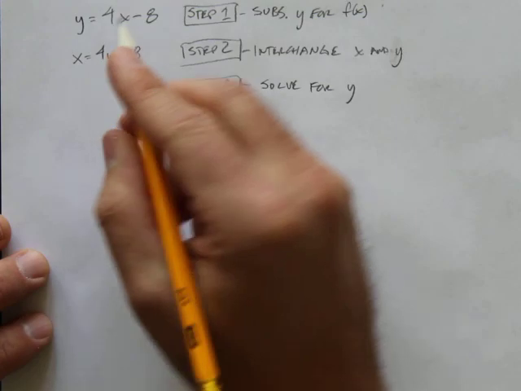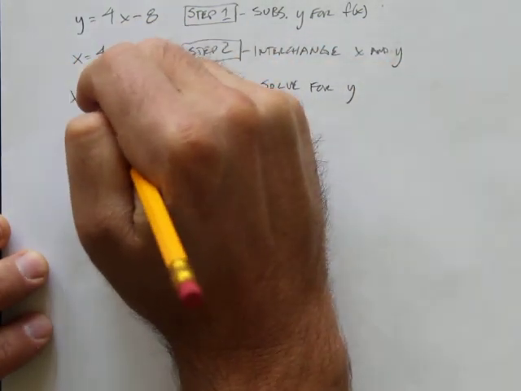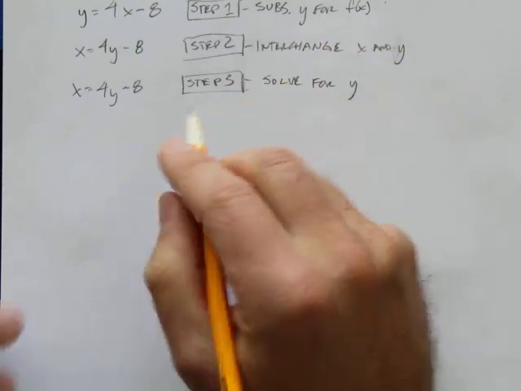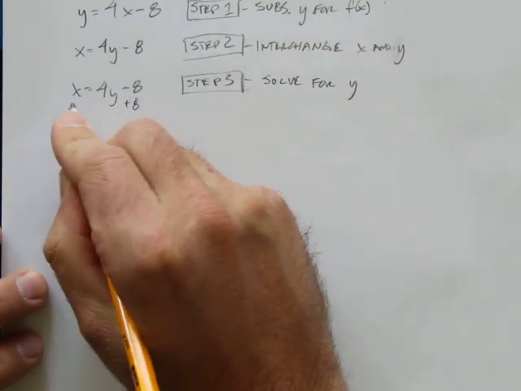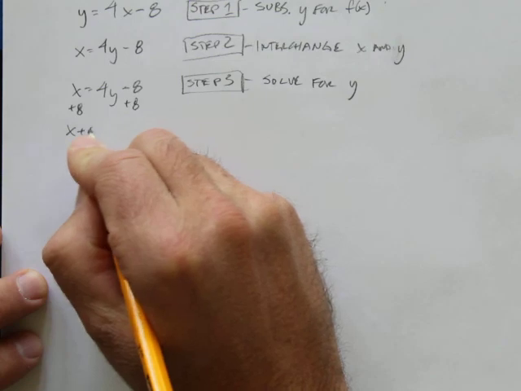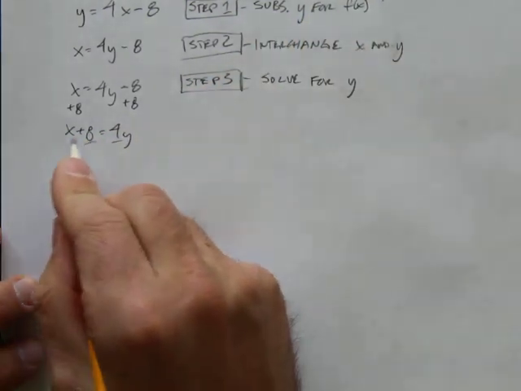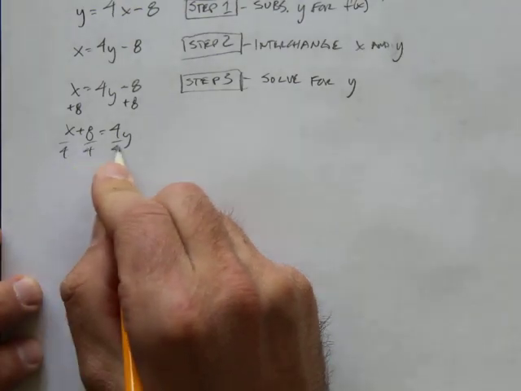So I've got x equals 4y minus 8. What I'm going to do is add 8 to each side. So I've got x plus 8 equals 4y. Then I'm going to divide everything by 4.